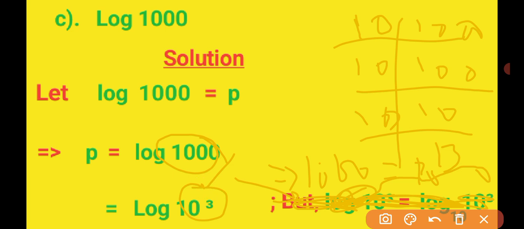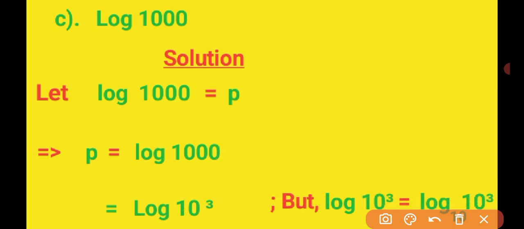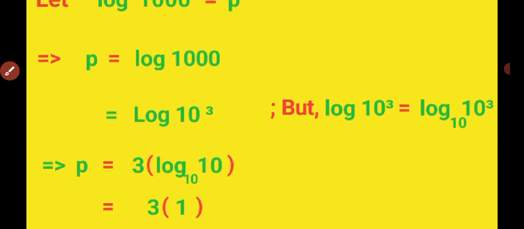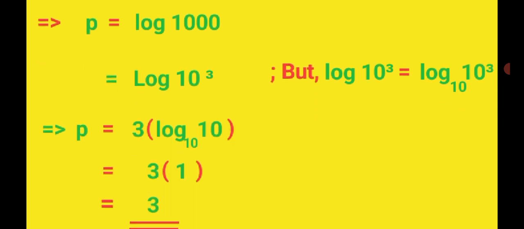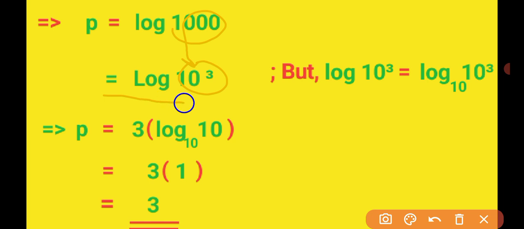So that is that for the next step, and that is bringing us to 1000, which is the same as 10 to power 3. So we can now find log 10 to power 3. So log 10 to power 3, we can isolate them by putting them in the bracket so that we can clearly see that.